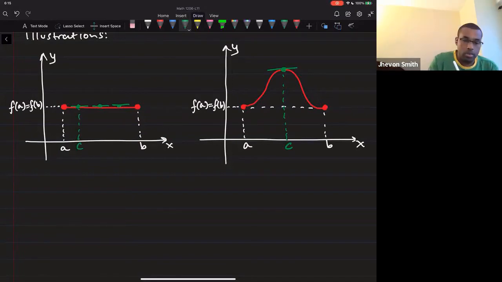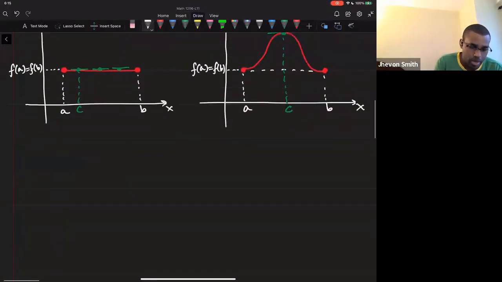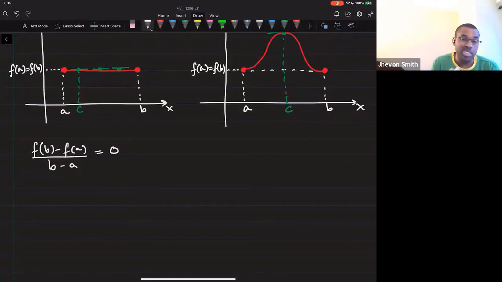So notice here, your (f(b) - f(a)) / (b - a) would be 0 because they're actually the same. f(b) equals f(a). And so, yeah, there are tons of points there, right? And we know this by Rolle's theorem, right? So this coincides with Rolle's theorem. Same thing here.